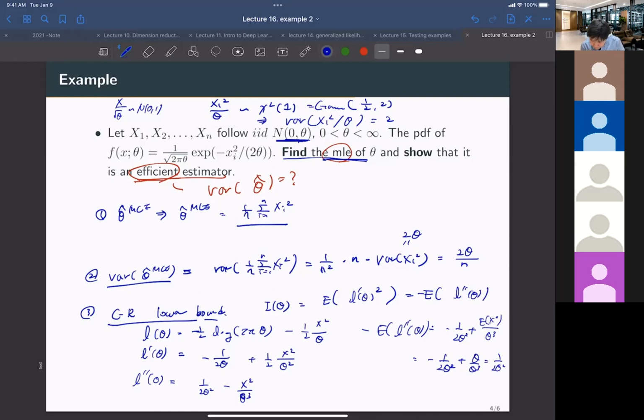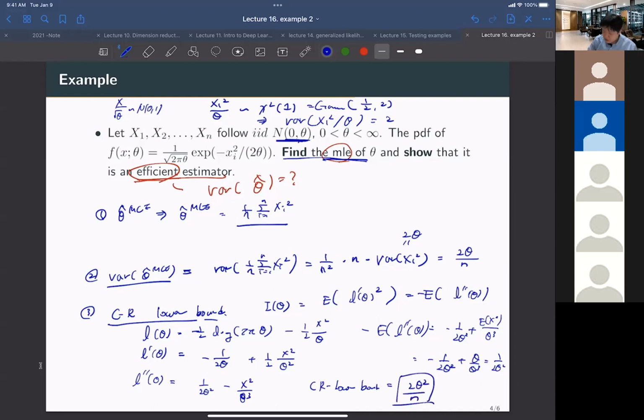So is it right? Okay, so our information is 1 over 2 theta squared, and the Cramer-Rao lower bound for the variance is 1 over n I theta, so 2 theta squared over n.